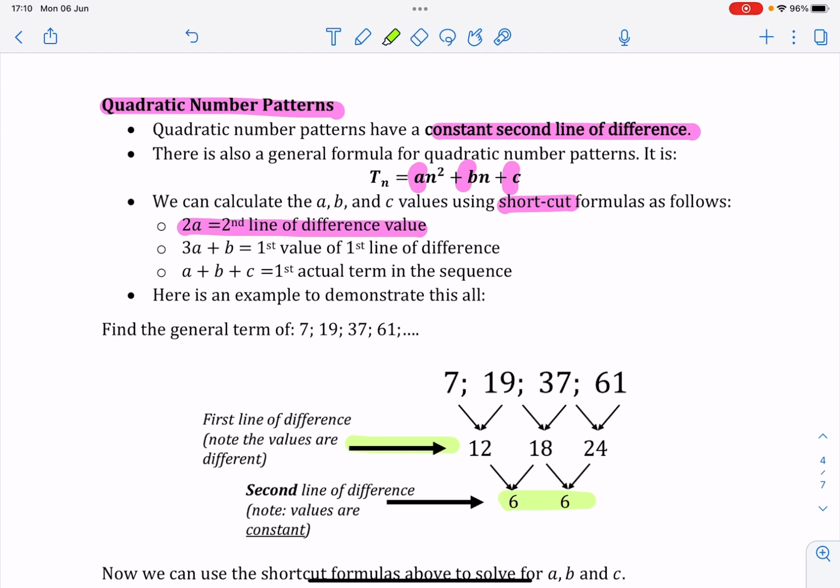It's constant. So we can make 2a equal to that value. So 2a is equal to 6. Then for the next formula, we can make 3a plus b equal to the first value of the first line of difference. So 3a plus b is equal to 12.